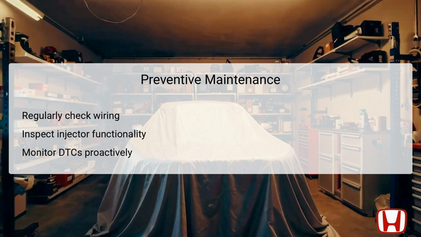Make it a routine to inspect injector functionality, ensuring they operate correctly under all conditions. Proactively monitoring for any new DTCs can facilitate early detection of problems before they escalate to significant malfunctions. Continuous vigilance helps in extending the longevity of the injector circuit and overall engine performance.